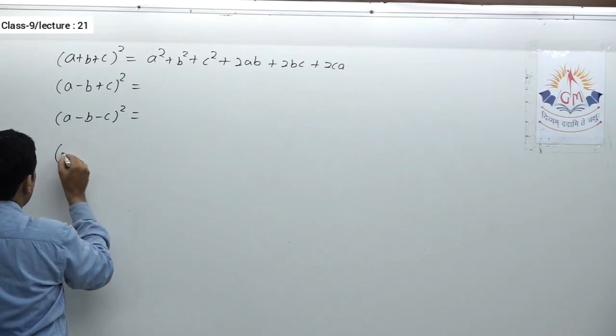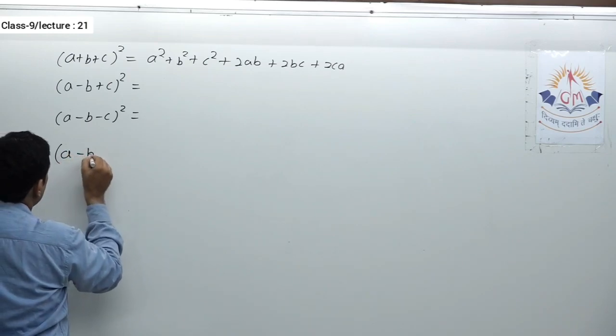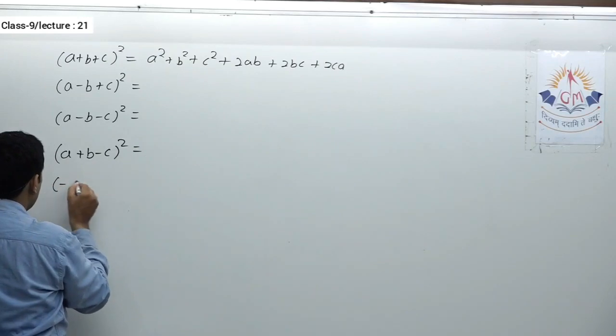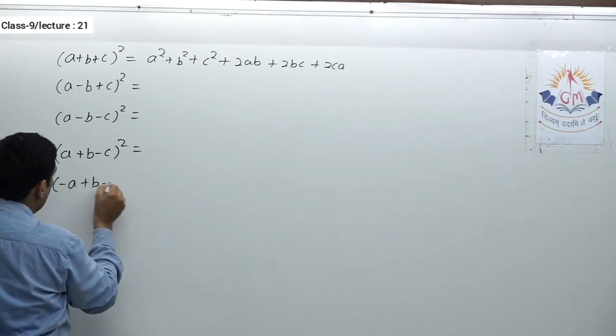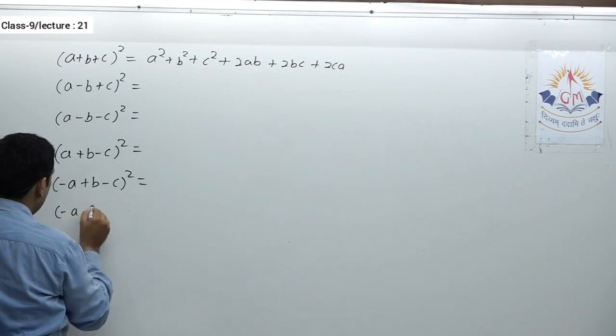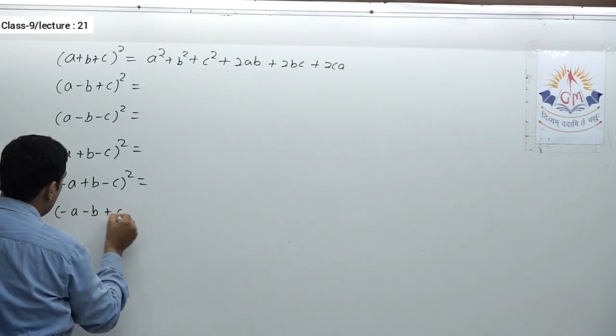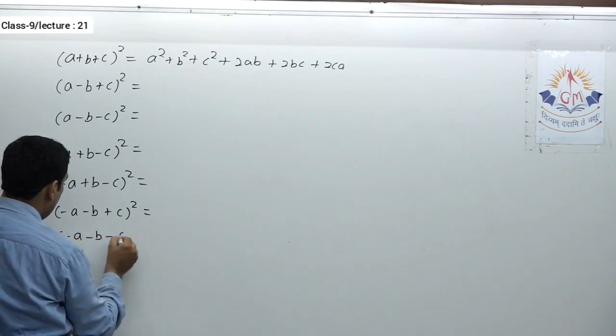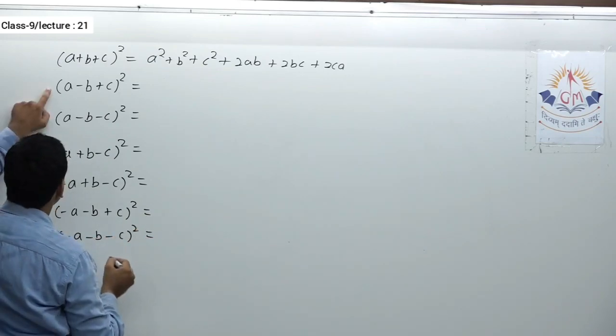Now suppose I take (a plus b minus c) whole square, and suppose I take (minus a plus b minus c) whole square, then (minus a minus b plus c) whole square, then (minus a minus b minus c) whole square.